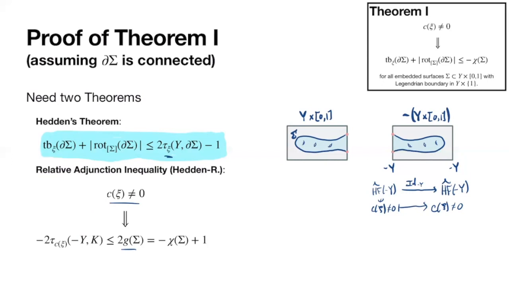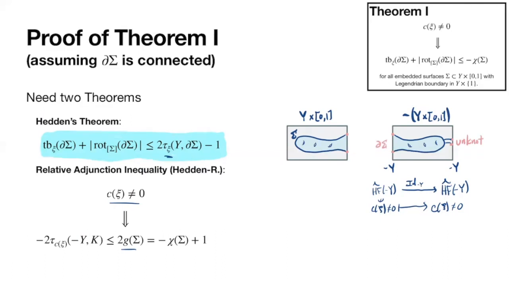And now, what do I want to do? Let's tube this surface to the other side. On this side we have an unknot. So I want to think of the surface as a cobordism from the boundary of sigma that I started with to the unknot.